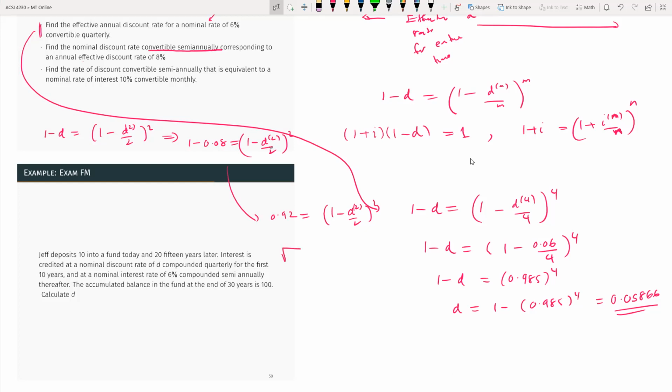You can take the square root of both sides. And then now bring the terms, one term to the left, some term to the right, and then use a calculator. D^(2) comes to be about 0.0816.